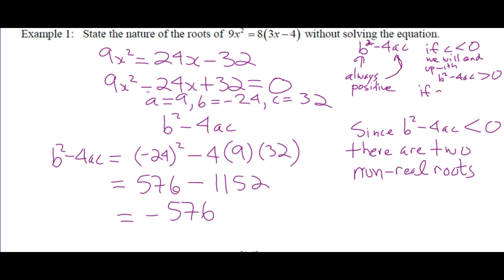If c is greater than 0 or equal to 0, well, if c is equal to 0, then b is not 0, right? Then we'll end up with a positive, right? So if c is equal to 0, it's just going to wipe out this term. If b exists, then we're going to have a b squared, which means we'll have a root, so it'll be real. If c is greater than 0, we don't know, right? It depends. So here, c was greater than 0, and we ended up with a larger number than this, so it could go either way, right?